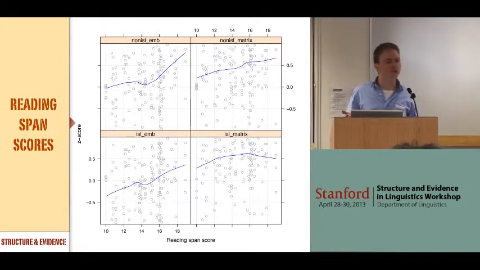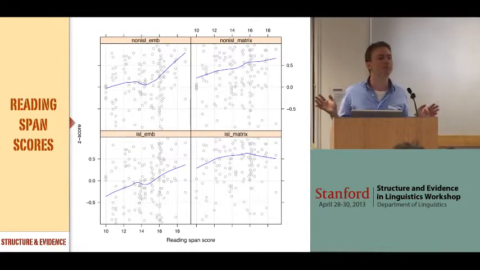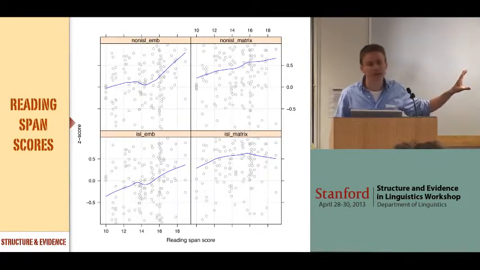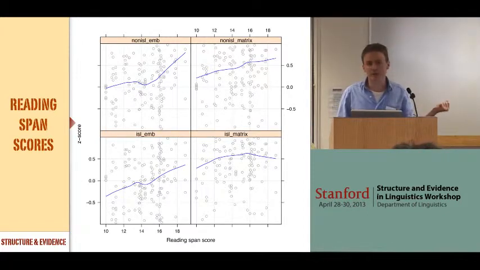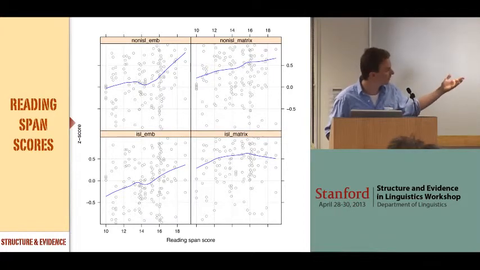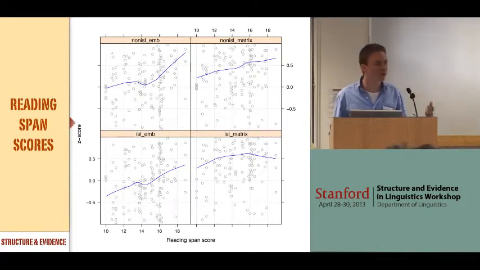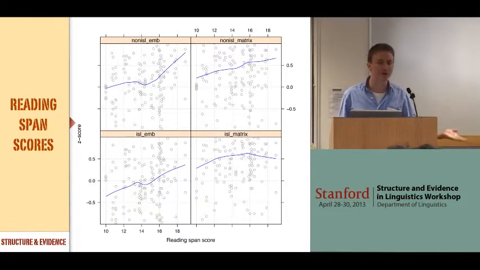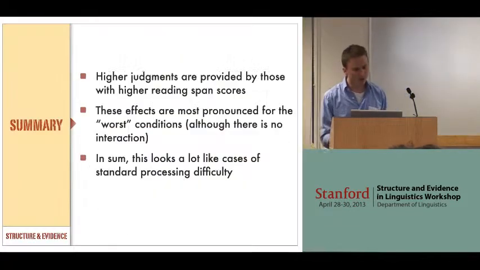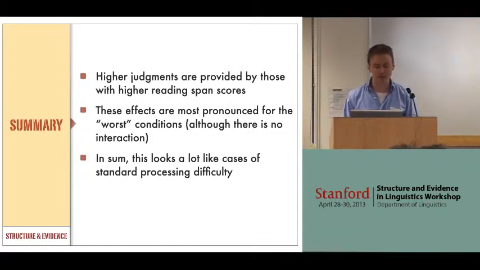Actually, this turns out, according to the linear mixed effects modeling, to be just a main effect of reading span scores, that for these particular items, people with higher scores give higher judgments for basically all of these. The fact that there's slight variation here is not really important statistically speaking. The model doesn't think so anyway. Okay, so higher judgments are provided by those with higher reading span scores, and these effects are most pronounced in the case where you have the worst conditions according to the judgments, right?